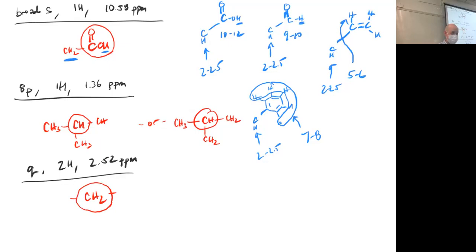Sounds good. So what is it next to? So it's next to a CH3 and a CCH. Great. So the 2.52 tells you that you have some carbonyl or carbon containing functional group, maybe a carbonyl, maybe an alkene, maybe an alkyne, maybe a benzene ring, et cetera. But that's what we know. All right, good job.